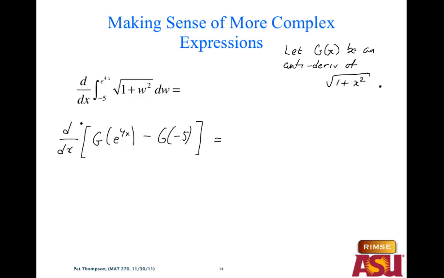So we know the derivative of G of negative 5 is going to be 0. So what we're left with is the derivative of G of e to the 4x. Who thinks they got it?